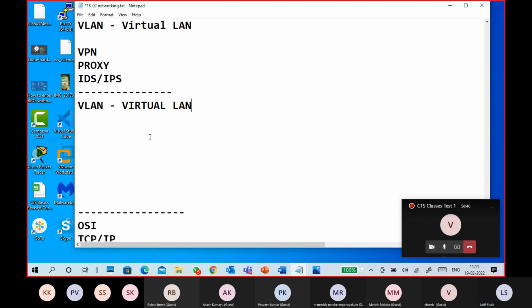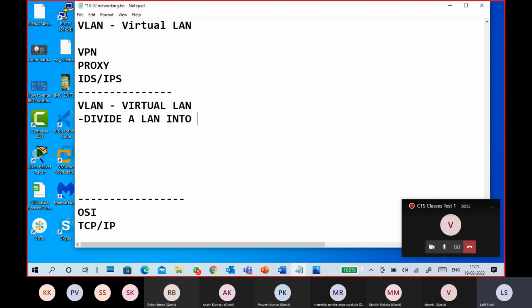It means dividing a LAN into multiple LANs, exactly, multiple VLANs.